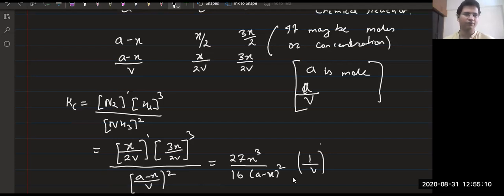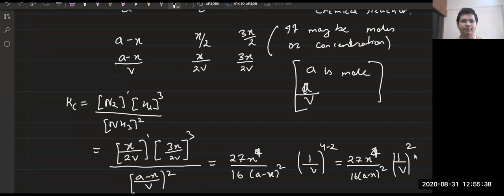This is 27x, sorry, x power 4, my bad. It is x power 4 by 16 into A minus X square into 1 by V square. As simple as that. Everyone got this?